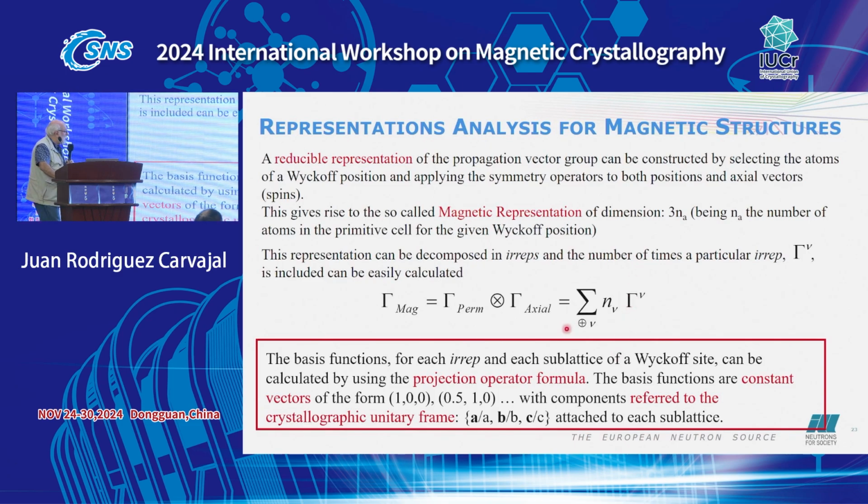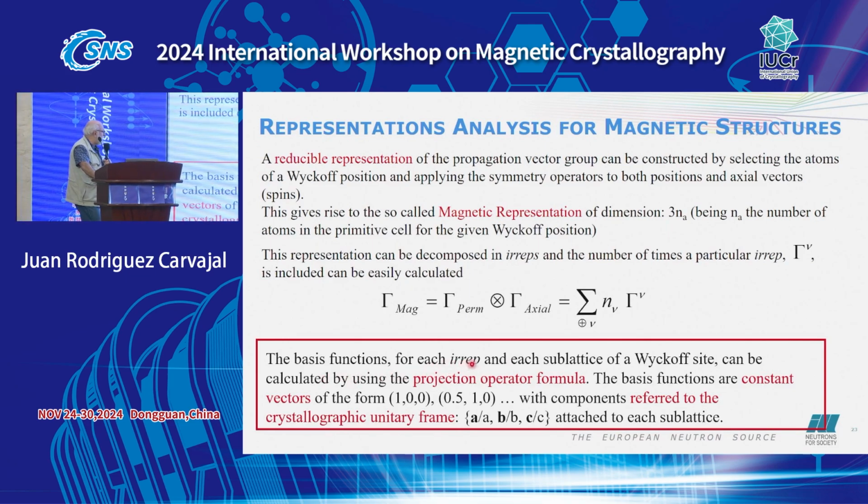Then, in the context of magnetic structures, the basis functions for each IREP and each sublattice of a Wyckoff site can be calculated by using the projection operator formula that we have seen before in a general case. Then the basis functions are, in our case, constant vectors of the form 1, 0, 0, whatever, with components referred to the crystallographic unitary frame.